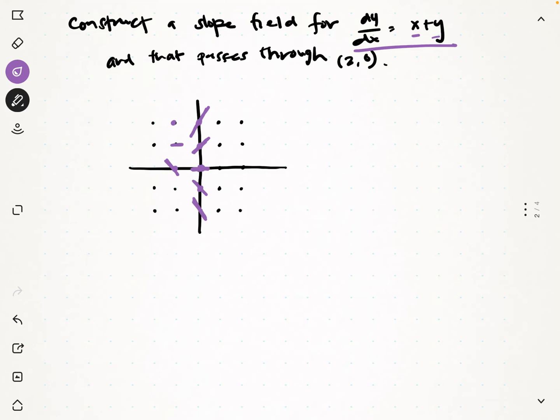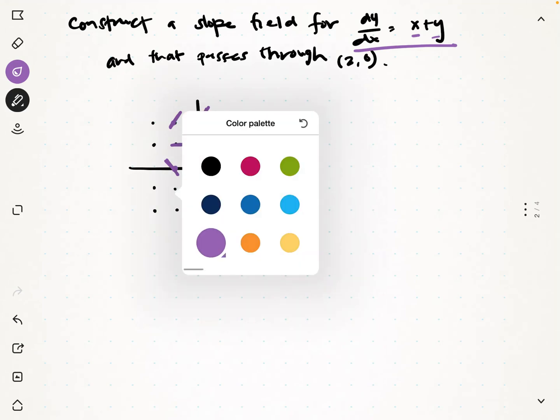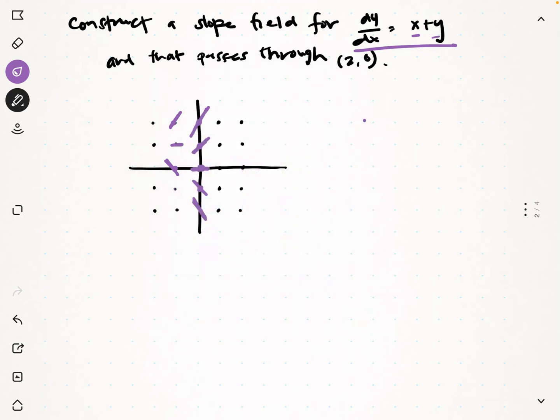So negative 1 plus 2 is 1. This point is negative 1, negative 1. So negative 1 plus negative 1 is negative 2. I'm going to make a steeper slope. And then negative 1, negative 2 is negative 3. So an even steeper slope.